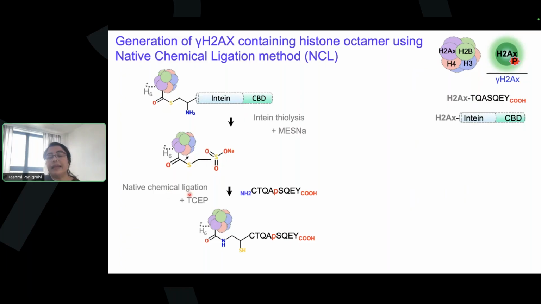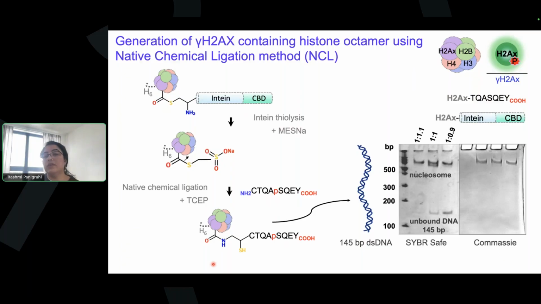And then the native chemical ligation is initiated by addition of the synthetically procured peptide, which has this phosphoserine in it. After the ligation reaction, you can see the phosphoserine is nicely incorporated into the H2AX tail, and now we call this the gamma H2AX octamer. We incubate it with 145 base pair double-strand DNA and perform salt gradient dialysis to remove the salt.